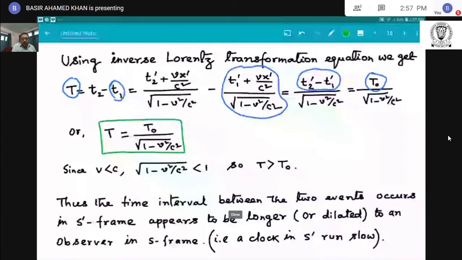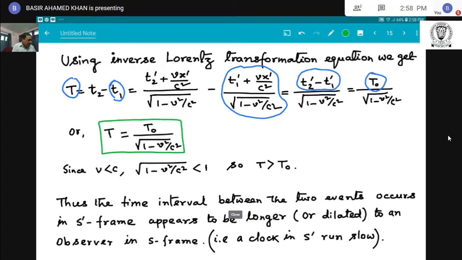t0 is the proper time, which is measured by an observer in S dash frame, and t is the time measured by an observer in the S frame. Therefore the relation between t and t0 becomes t equal to t0 divided by root over of 1 minus v square by c square.